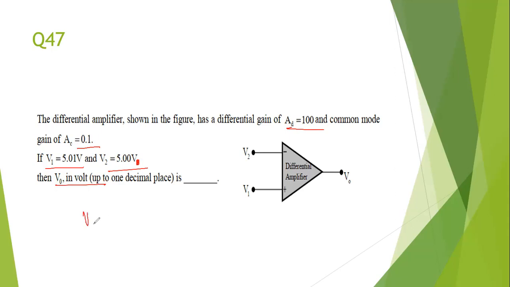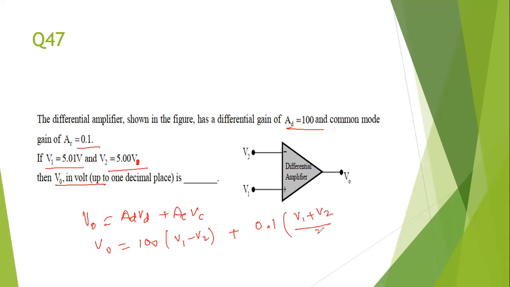As you know, V0 equals AD into VD plus AC into VC. I have already discussed this one. So V0 can be written as AD, which is 100, into VD, and this VD is the difference, V1 minus V2, plus AC, which is 0.1, into (V1 plus V2) divided by 2.